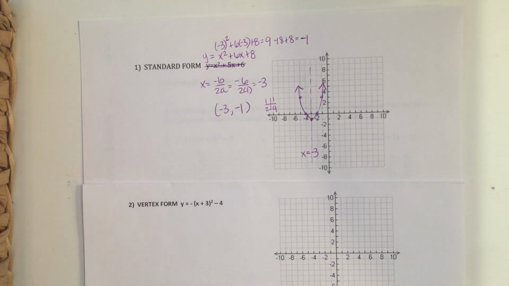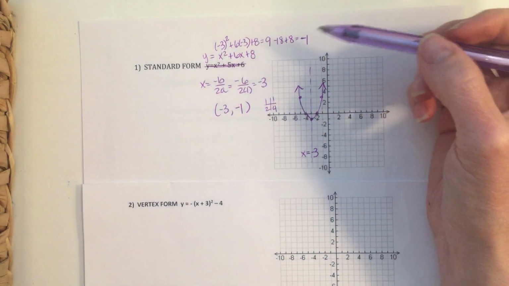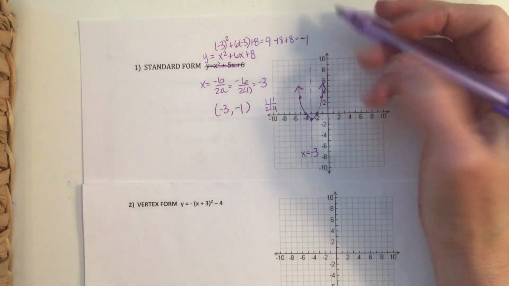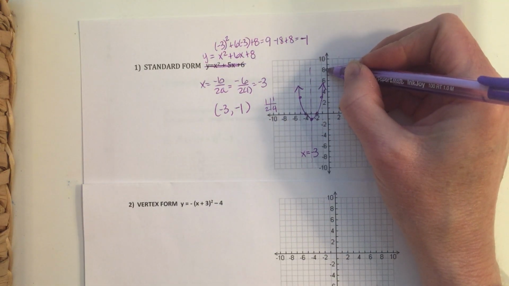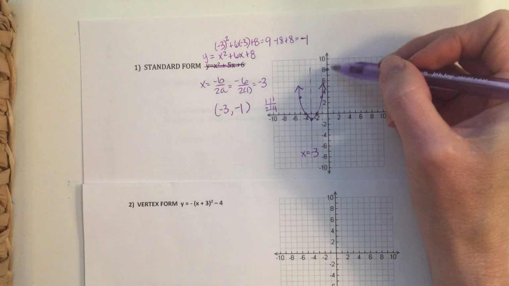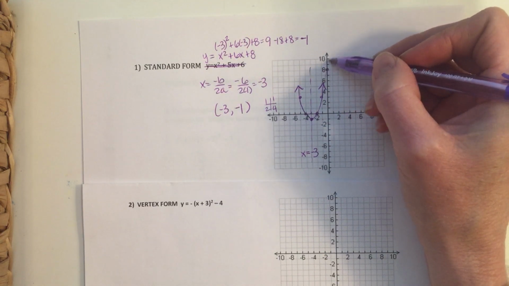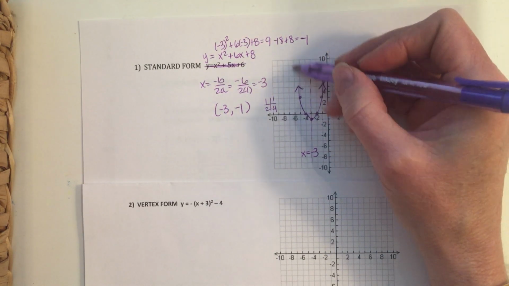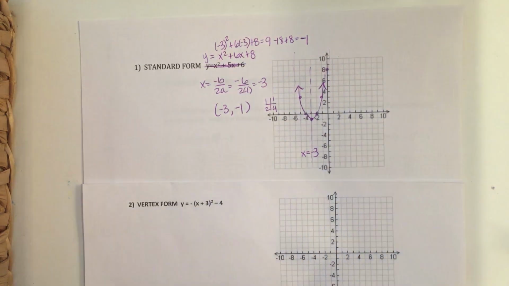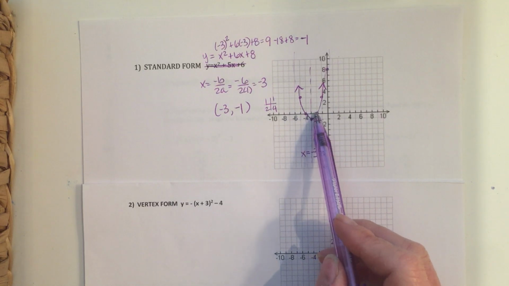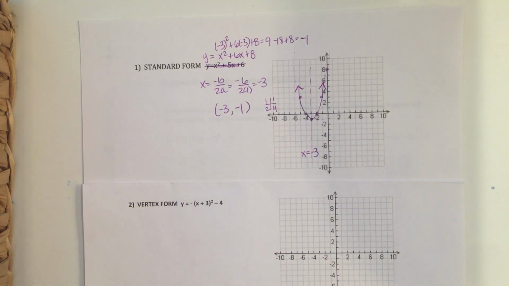So in this problem, I also know that my y-intercept would be at 8. It's not currently on my graph. If I wanted to put it on my graph, I could, and then I could extend this up so that it went through that point as well. So you need 5 points to graph your parabola for me, and that would be the vertex, the 4 on either side of the vertex.